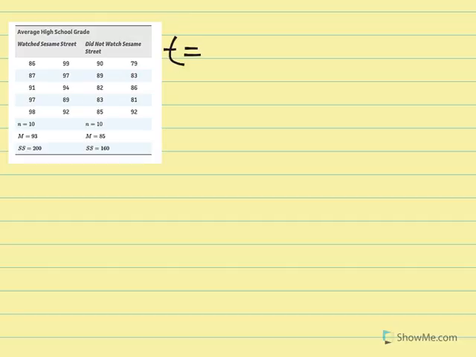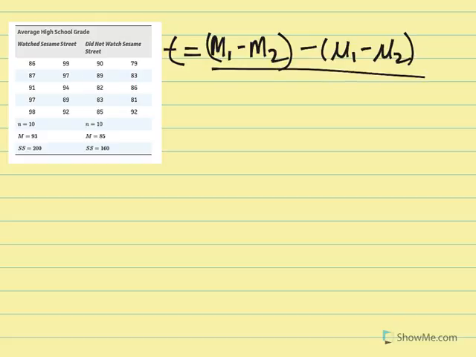The equation for our t is our sample mean from our first distribution minus the sample mean for our second. That mean difference minus the anticipated population mean difference coming from the null, which is always equal to 0, over the standard error, in this case the estimated standard error of the mean difference. So let's replace variables that we already know.